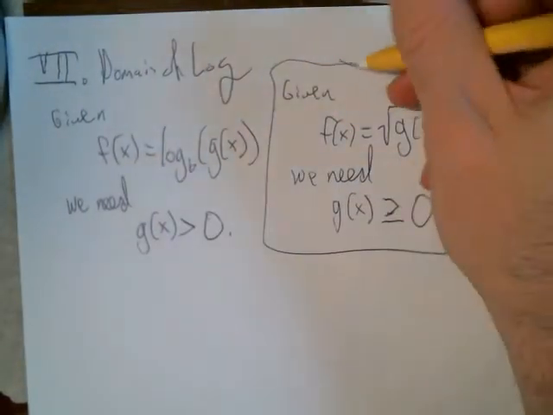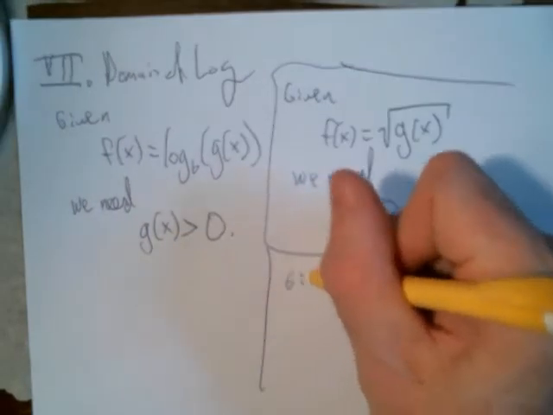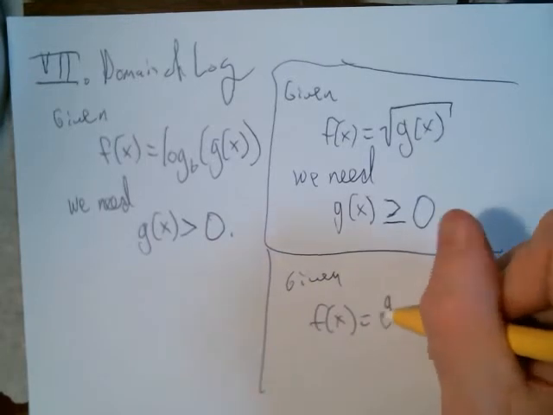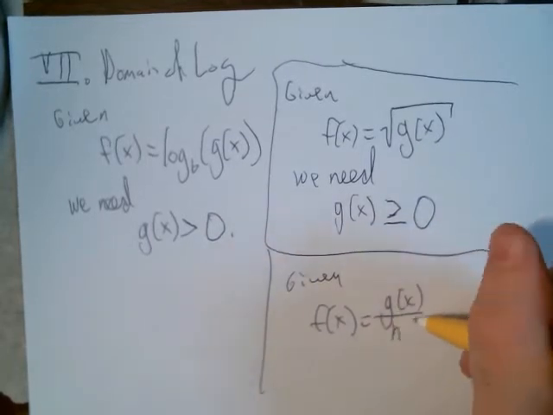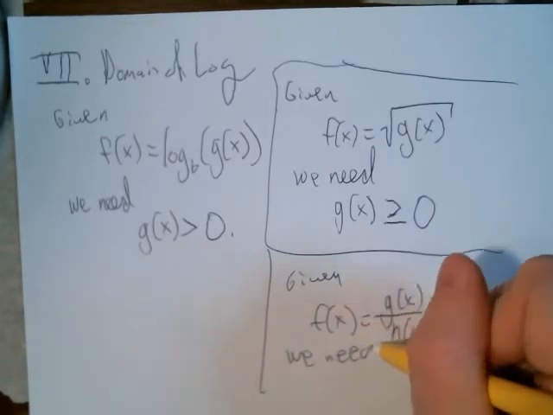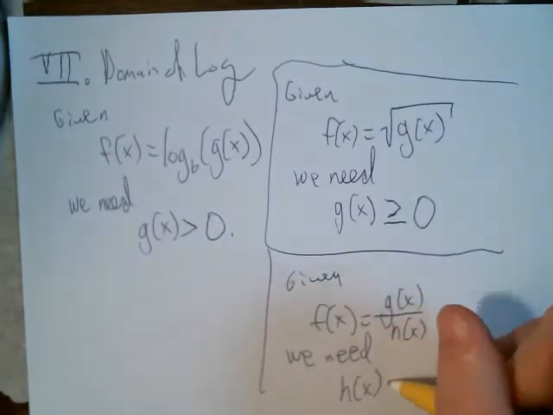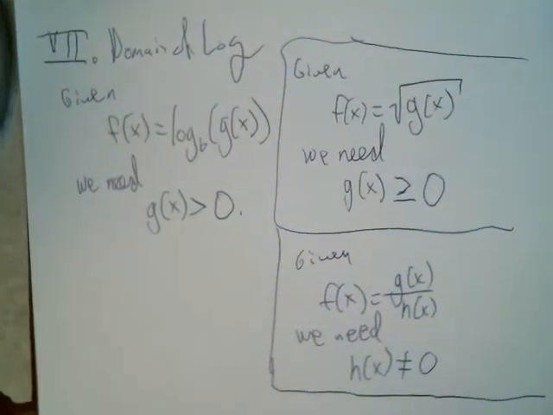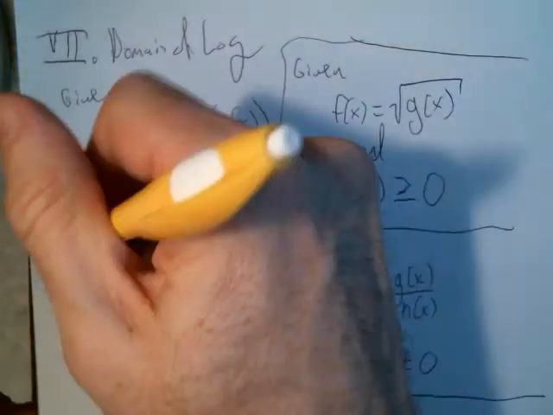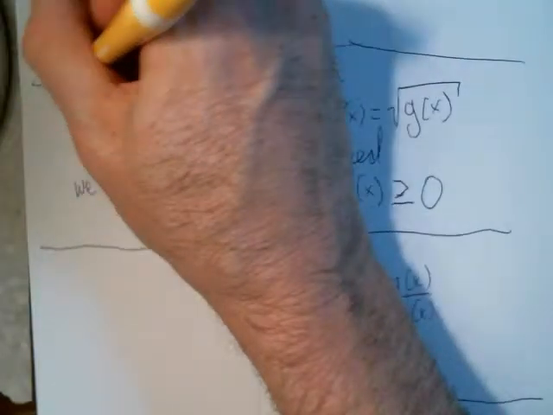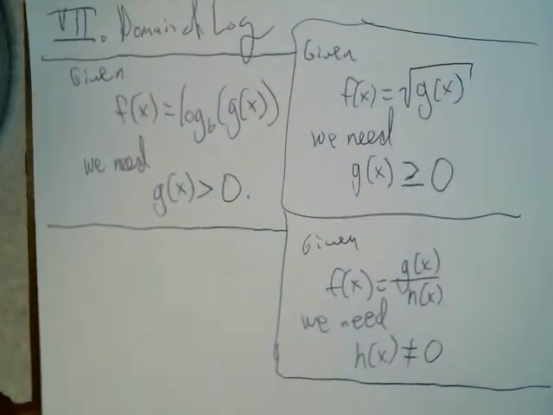Likewise, given f of x equals g of x all over h of x, what did we need there? We need h of x to not be equal to 0. Okay? So it's just along those lines. We've sort of dealt with these issues before. Now we're just going to have an extra issue whenever you see logarithms. You have more work to do.